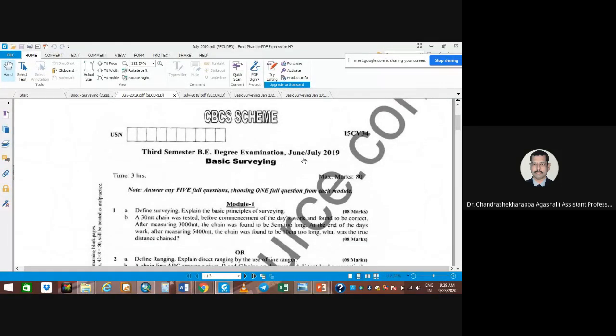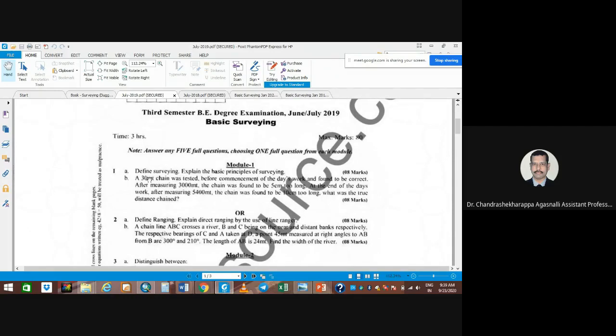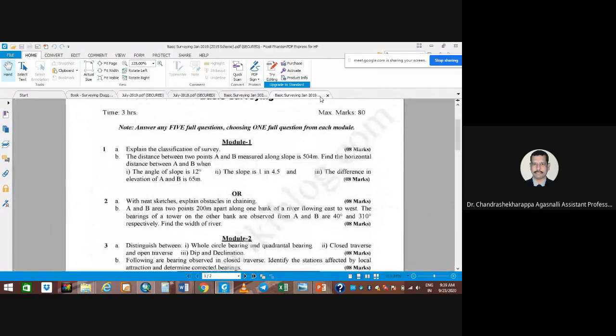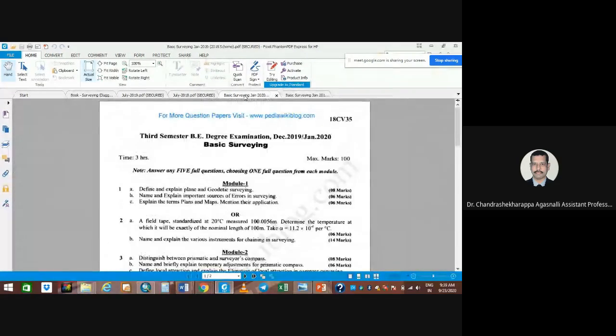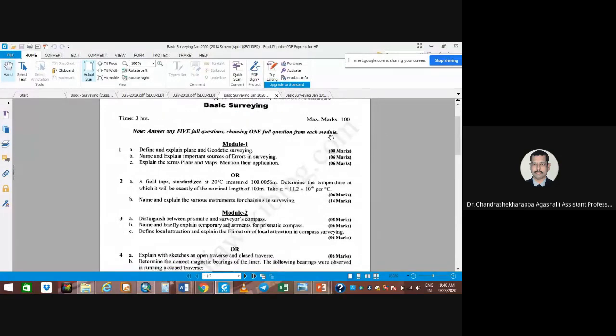Here is the July 2019 paper, the 15 scheme, 15CV34. The questions come like this. Define surveying, a very simple one, for 8 marks. This is an 80-20 scheme. Actually for you guys now it's 60-40, but they are conducting it for 100 marks, and you need to answer any 5 full questions. And it's a recent one, January 2020.